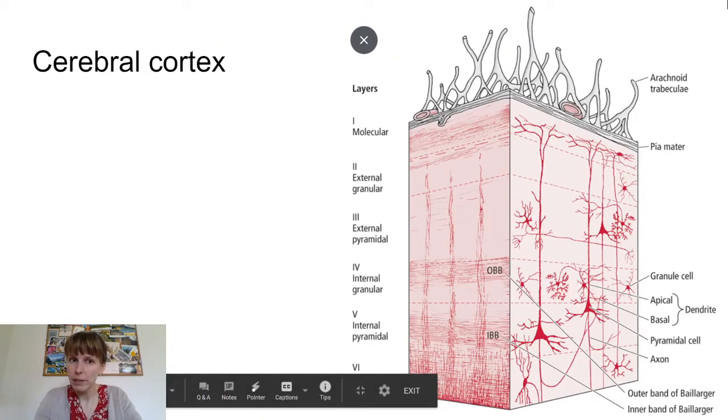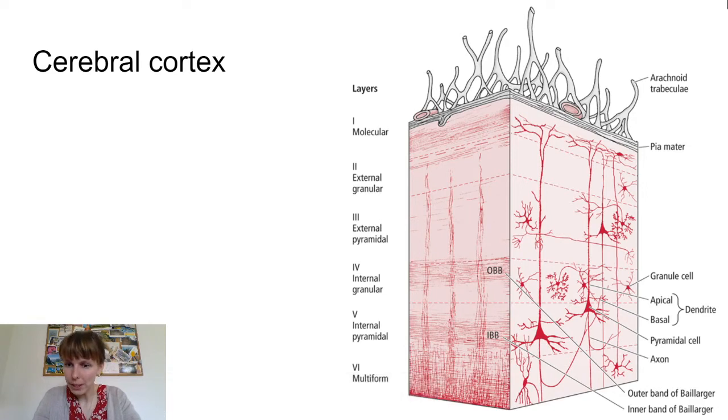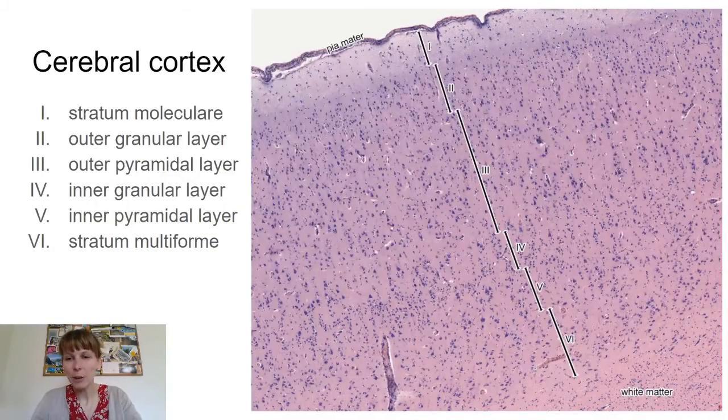So, the cerebral cortex, which is the gray matter on this slide, has 6 different layers. This is what they would look like on a nice illustration, and this is how they look in hematoxylin eosin staining. So you should know that there are these 6 layers with their different names.